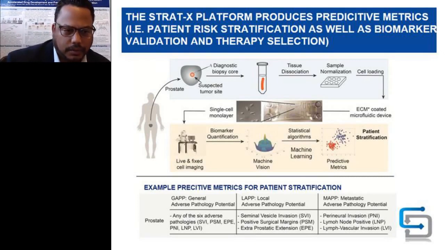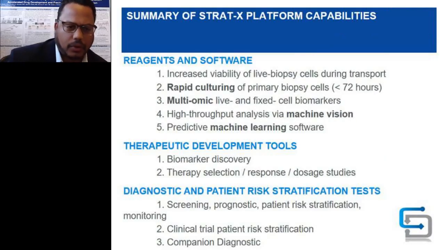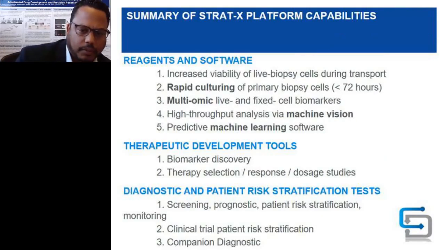And so to do that, we've created predictive metrics, and again, we'll get into that a bit later.